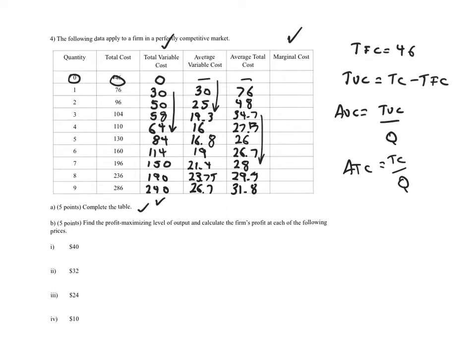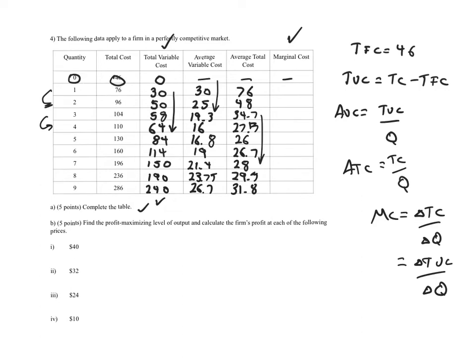Finally, we need to find marginal cost, and marginal cost is the change in total cost divided by the change in quantity. We could also use the change in total variable cost divided by the change in quantity. The change in quantity in this example is always 1, so we're simply looking for the difference in the total cost or the difference in the total variable cost.